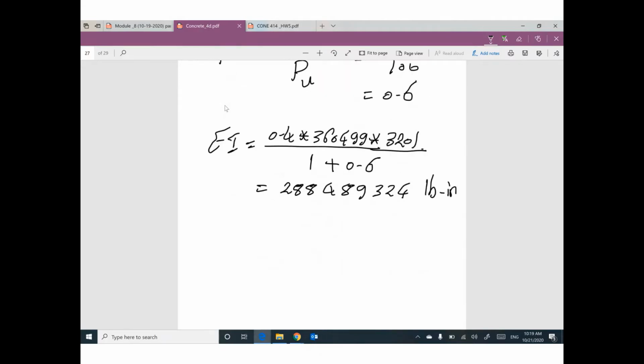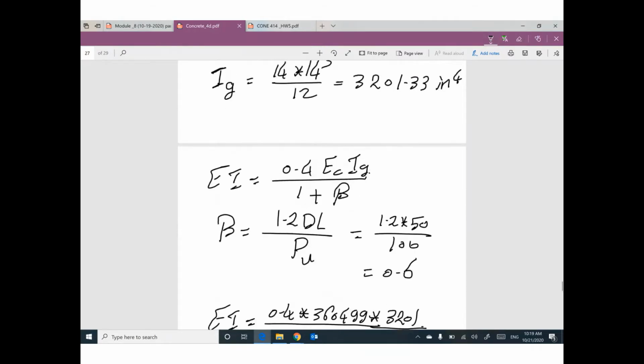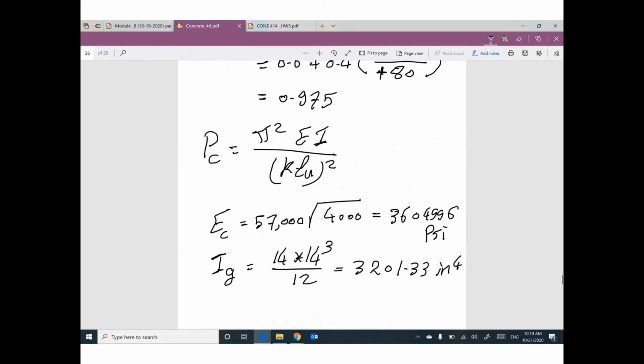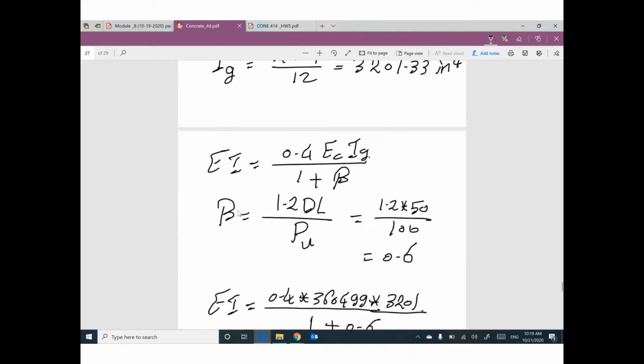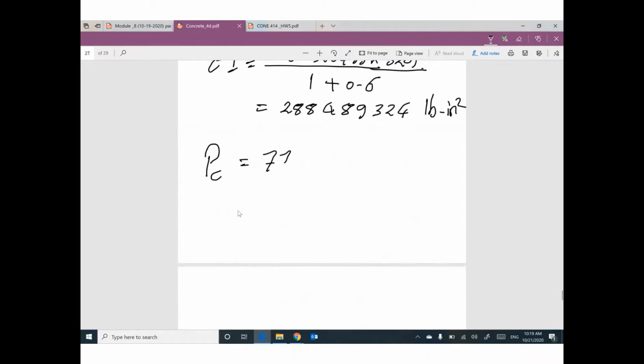So the value of P critical will be, I can get the final answer directly. This value times pi square divide, what is the value of LU? 16. So P critical will be 77.2 kip.